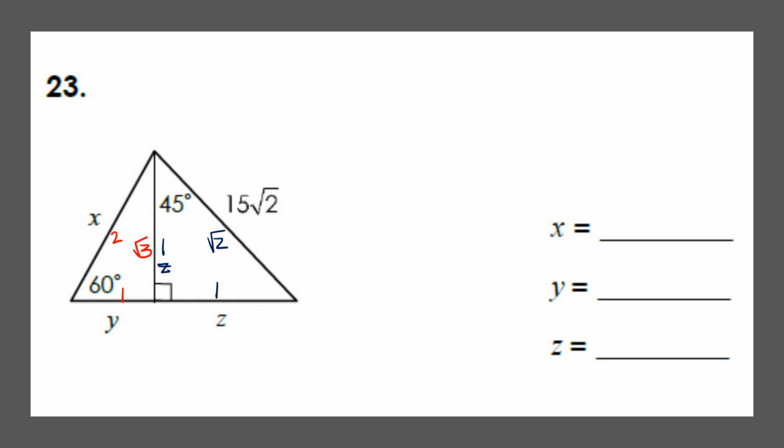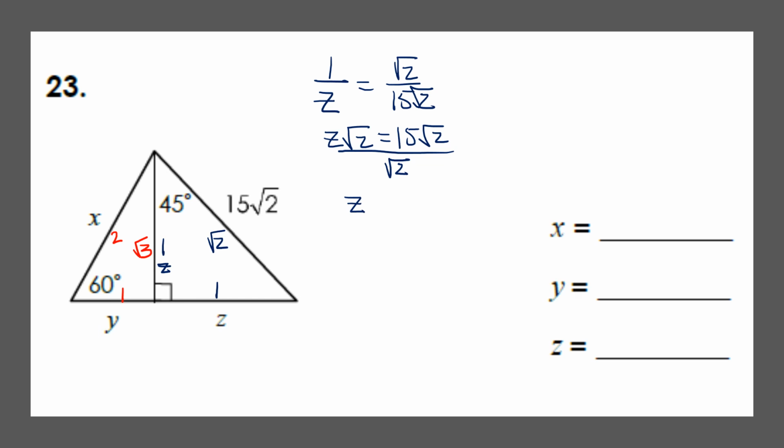So now, if I want to find z, I can do 1 over z equals radical 2 over 15 radical 2, which gives me z radical 2 equals 15 radical 2. Divide both sides by radical 2 and I get that z is equal to 15. So that means that this side length is 15.